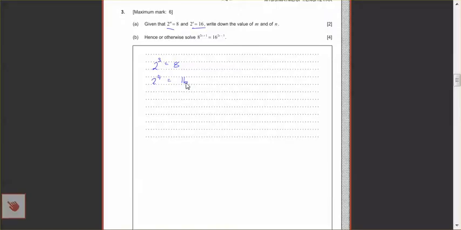Now, it says hence or otherwise, so we're going to be using this. So why not do what it's suggesting, which is 2 to the power of 3 to the power of 2x plus 1 equals 2 to the power of 4 to the power of 2x minus 3.